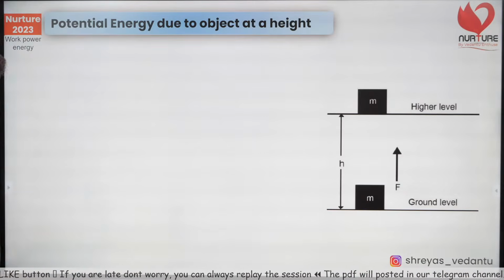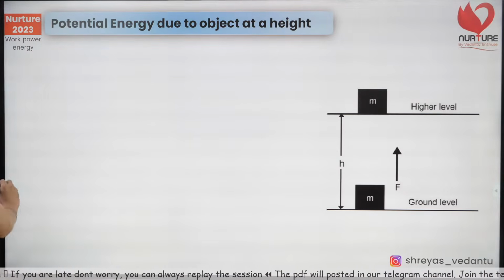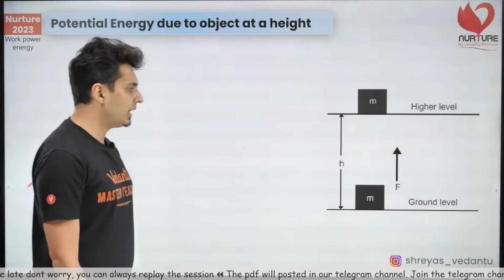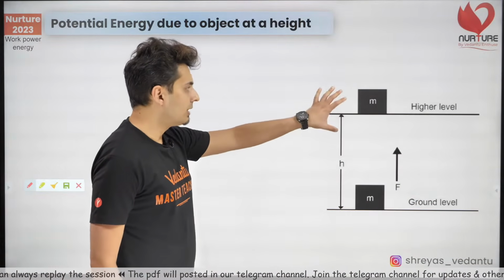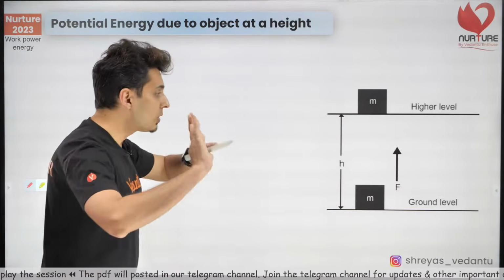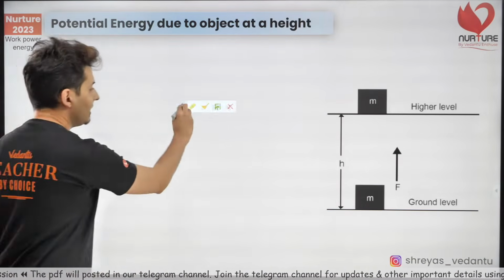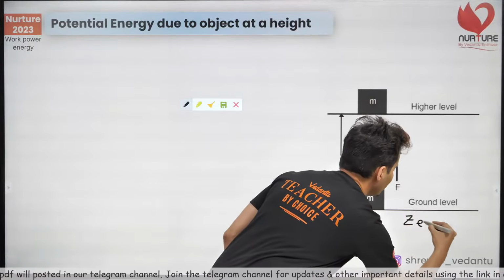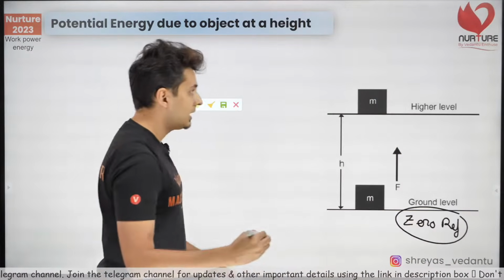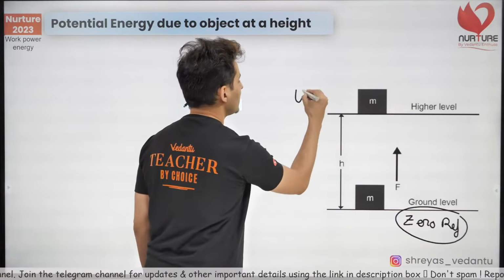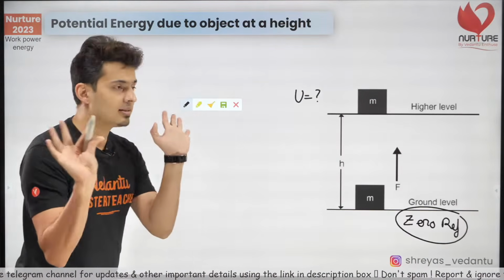So now going to the formulas. If you go by the formula, right now mass m is over here, and then you lift it up to a higher level. If I take the ground level as my 0 reference, then you can find the potential energy at any height by just the definition.